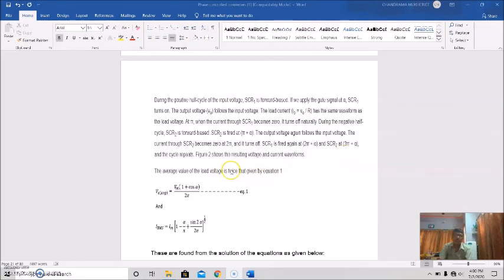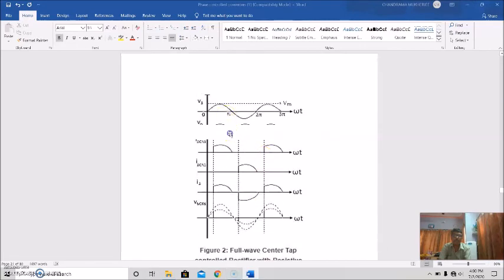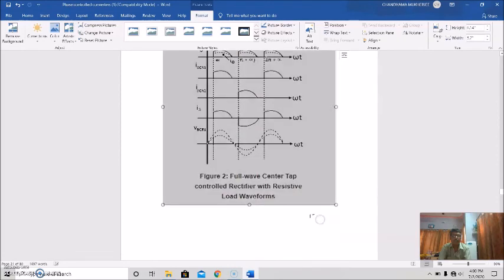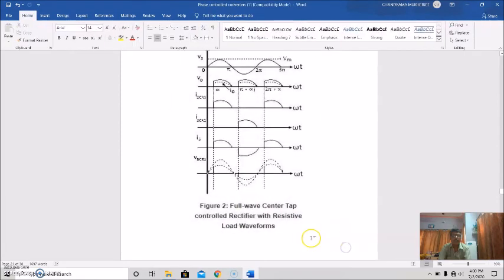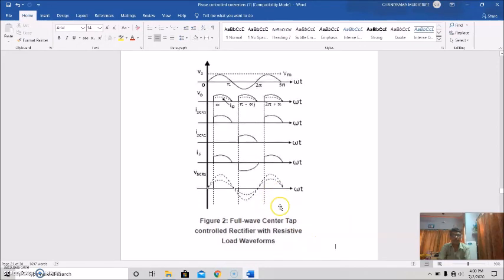So this is the resulting voltage and current waveform, as it is shown here. This way it is having the full wave.